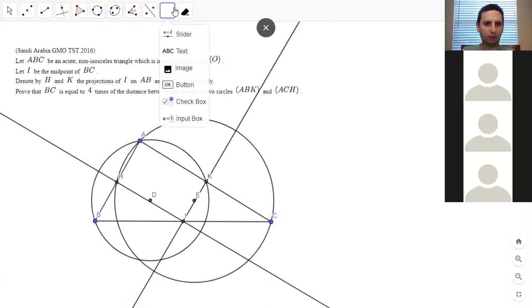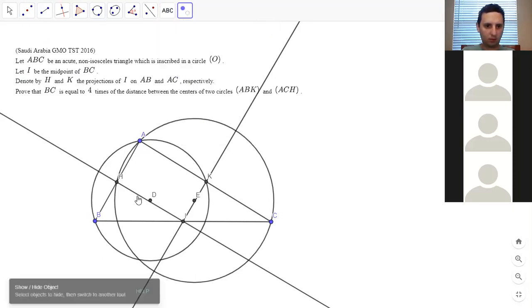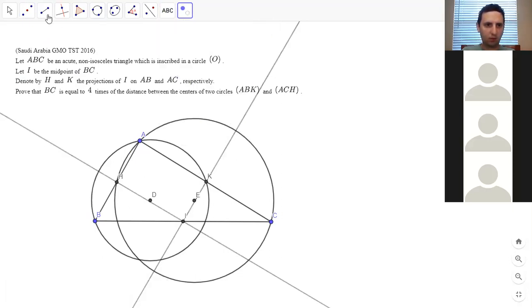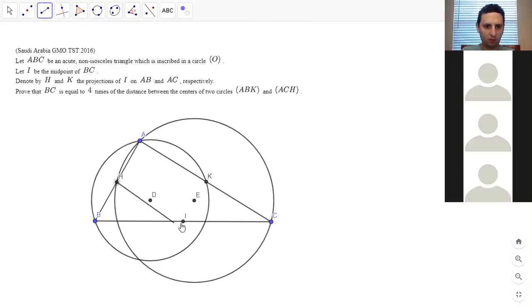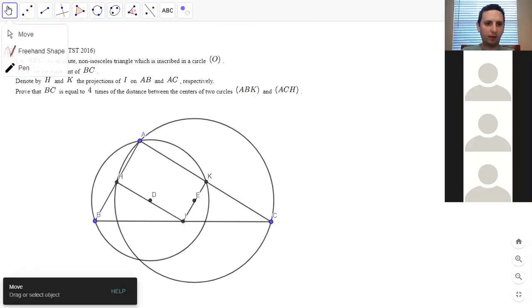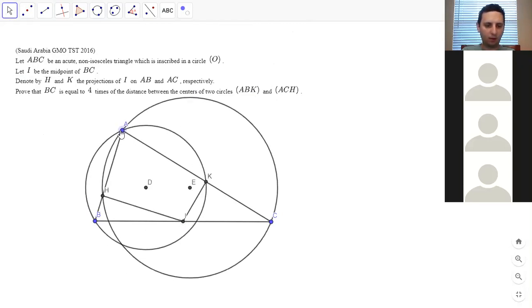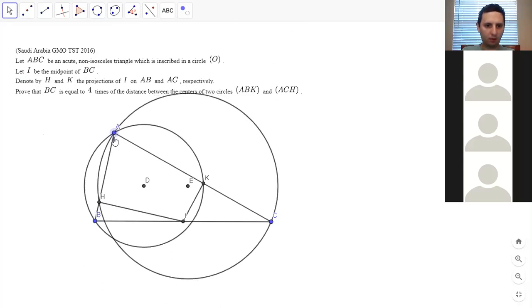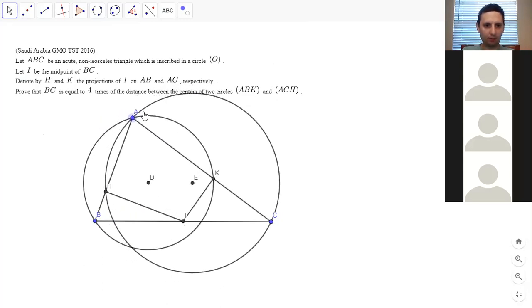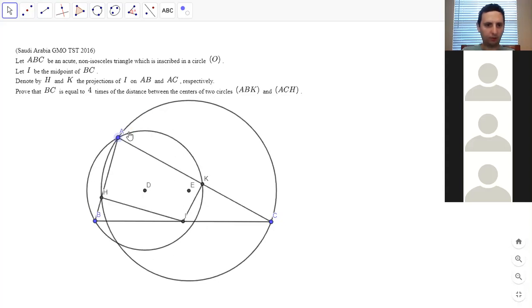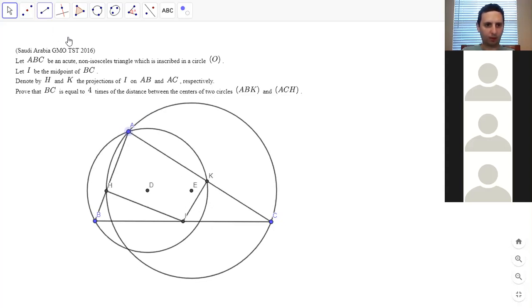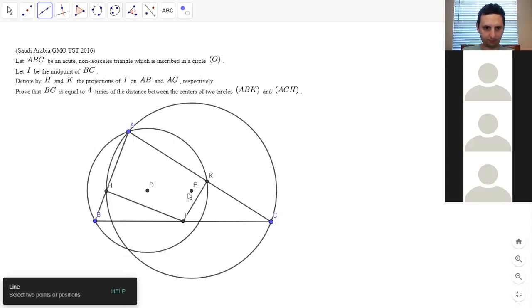Let me hide a few things. So we want to show BC is equal to 4DE. It almost looks like DE is parallel to BC. Is that actually true? I actually don't think it is true, but I'm not positive.